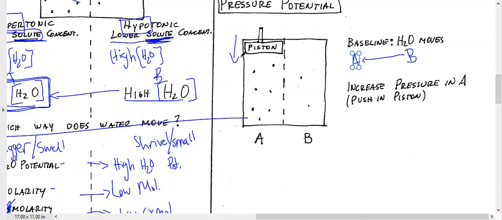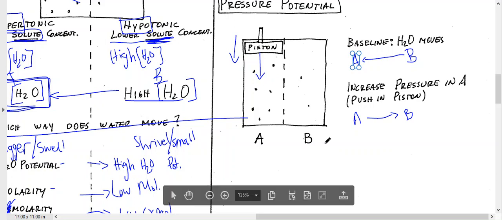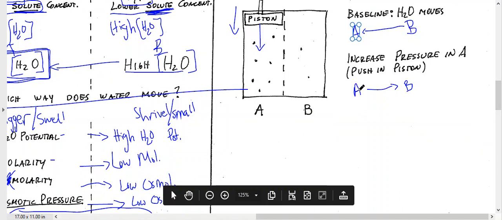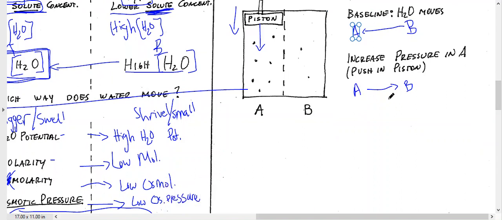So if you apply pressure, let's say we have a little piston here, we force this down, we can actually push water from side A to side B if you apply pressure to this side. So we can force and we can manipulate the movement of water by applying pressure.